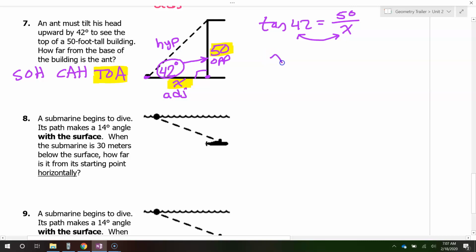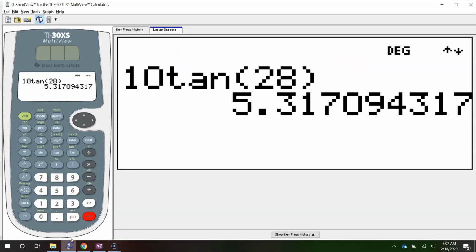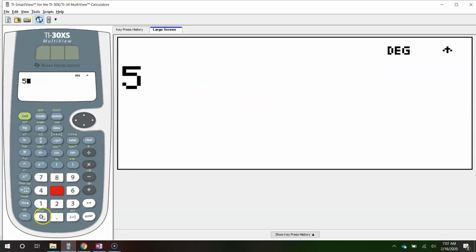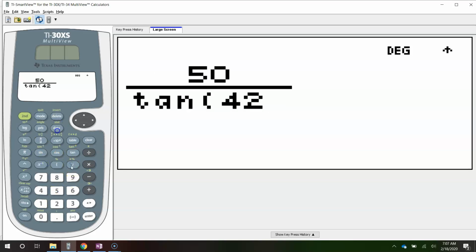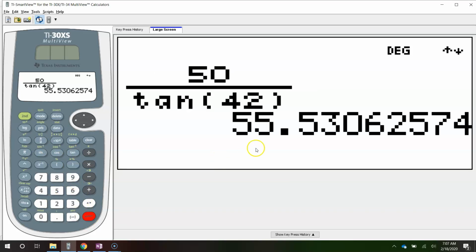So we're going to have x equals 50 over tangent 42. And this becomes a calculator issue, 50 over tangent 42. That is 55.531. Got to round up.